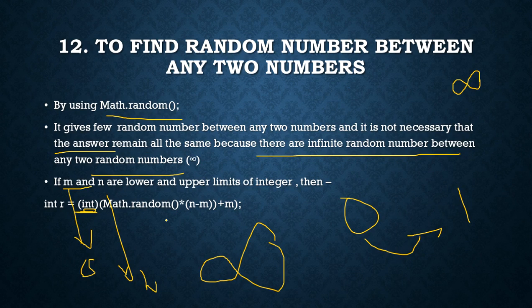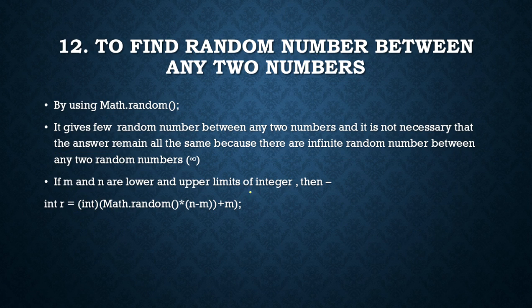Let me make you understand. If I give 0 and 1, 0 is m and 1 is n. Let me take m equal to 0, n equal to 1.